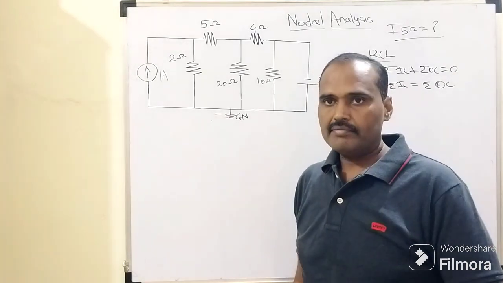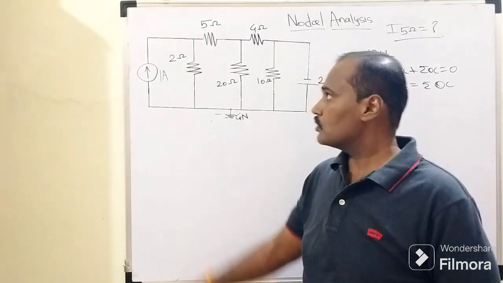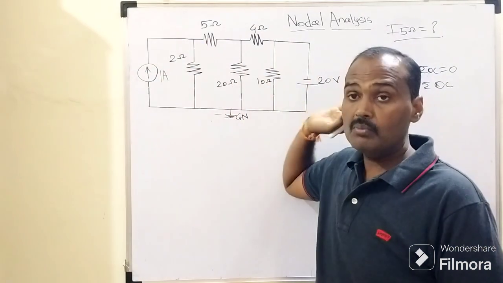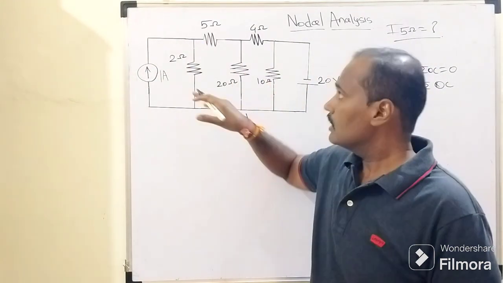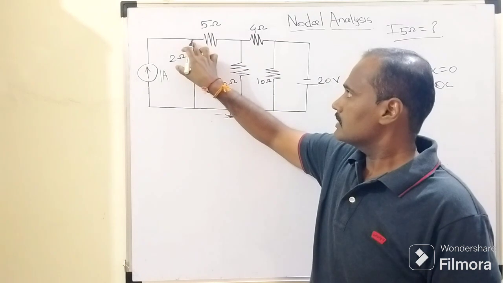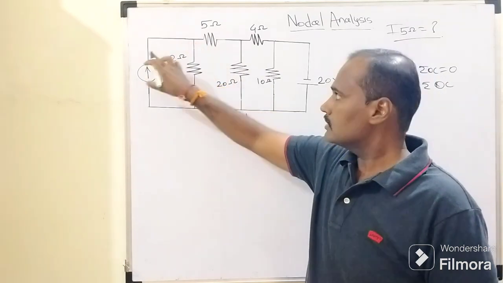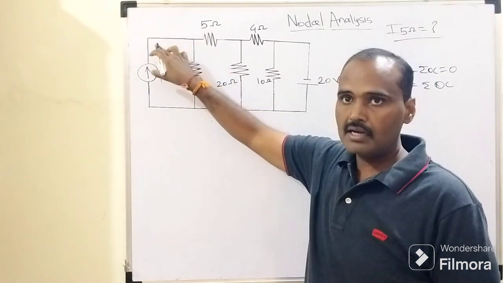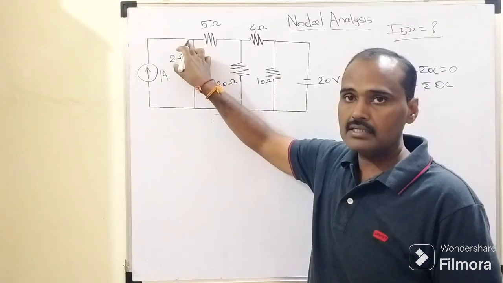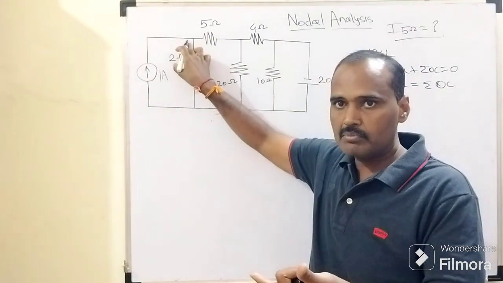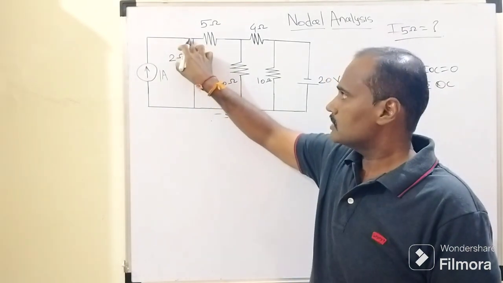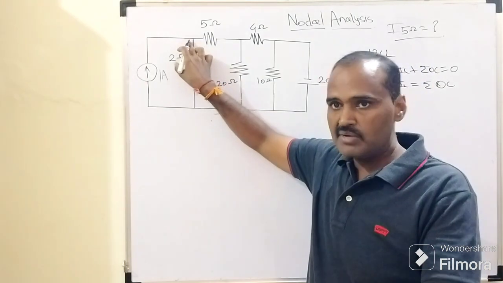Similarly, for the sake of observation, we need to look at the upper terminals to see how many nodes we have, right? At this particular point, the upper terminal of this branch is incorporated. Again, the upper terminal of this branch is also associated with the same point.